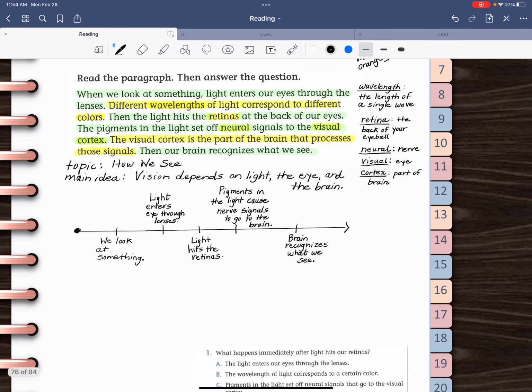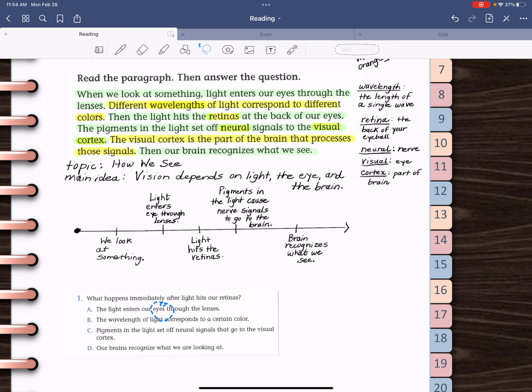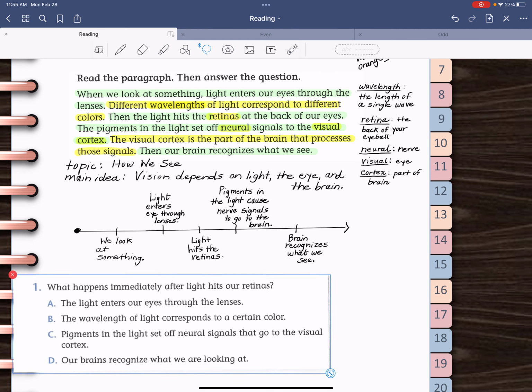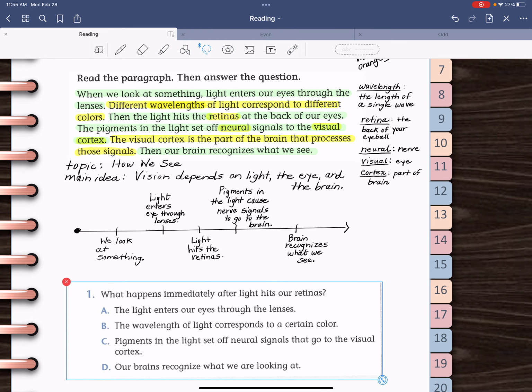It's all in there. That's one reason science passages can be very difficult. We also reviewed our context clues. We reviewed sequence, topic, and main idea. So this is a much more difficult passage than some we've read.